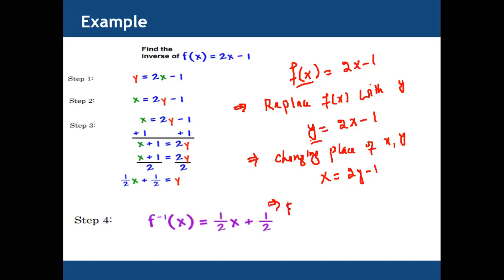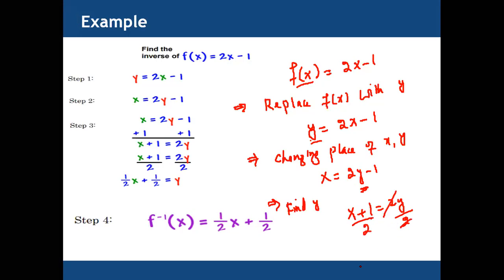Now in step number third, find the value of y. We have x equal to 2y minus 1, so we need to find the y value. So transfer minus 1 to this side, we have x plus 1 equal to 2y. Again divide both sides by 2. So 2 cancels with 2.